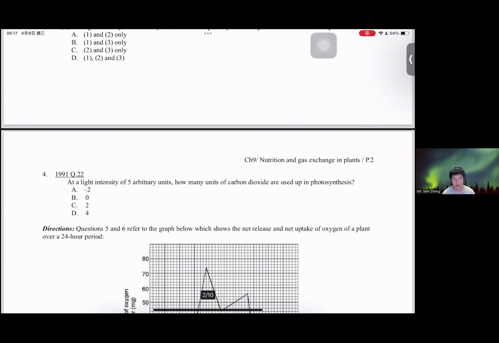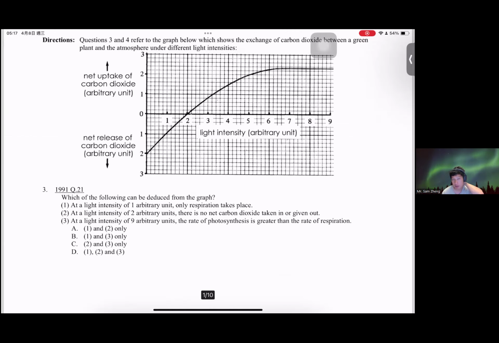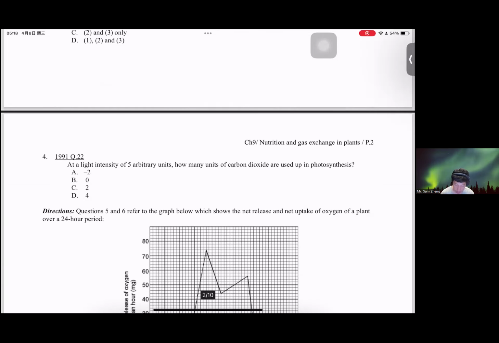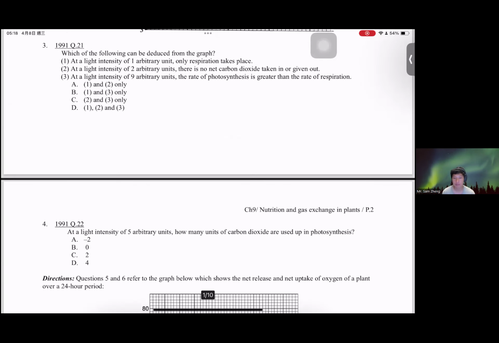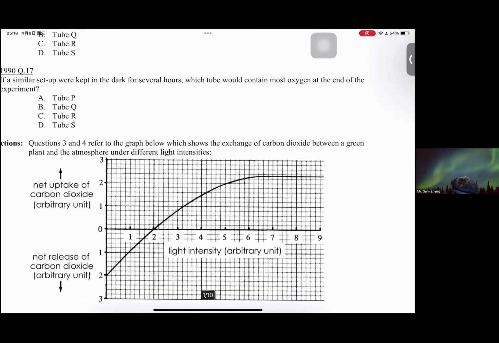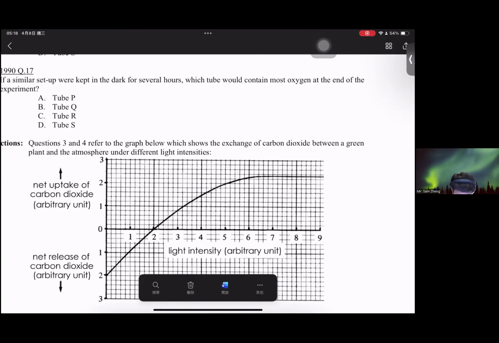22. Question 22. We can see that at light intensity of 5 arbitrary units, can you help me to calculate the units of carbon dioxide used up in the photosynthesis? It should be easy. Actually at 5, from this part to this part, it would be 2.